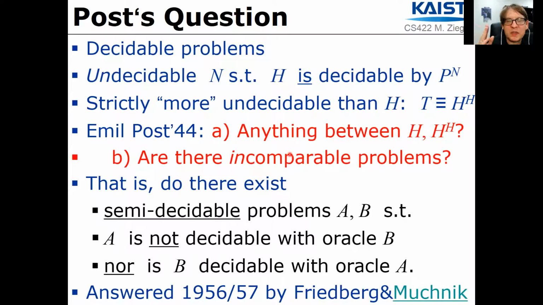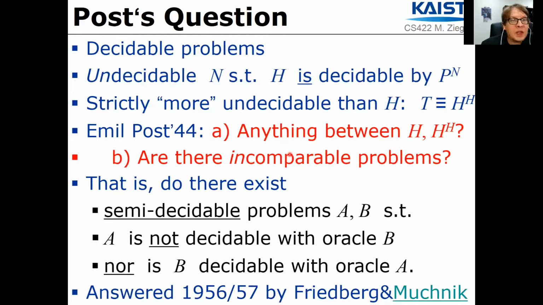First person was Friedberg from the United States, and the other person, Muchnik, from the Soviet Union, as it was called at that time. And they both provided an answer independently because, you know, at that time it was the Iron Curtain, so scientific exchange was very difficult and very limited.